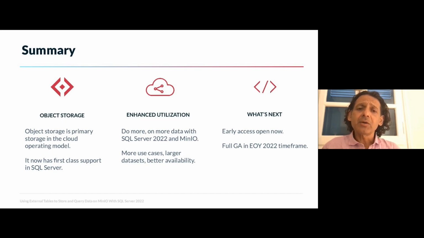So MinIO gives you that object storage capability in a way where there is no lock-in to any one cloud provider or any specialized hardware capabilities. It is actually being deployed on commodity hardware. As I mentioned, if you come to the MinIO site, you can see some reference architectures, but those are just reference architectures. As long as it's commodity hardware, it will run.